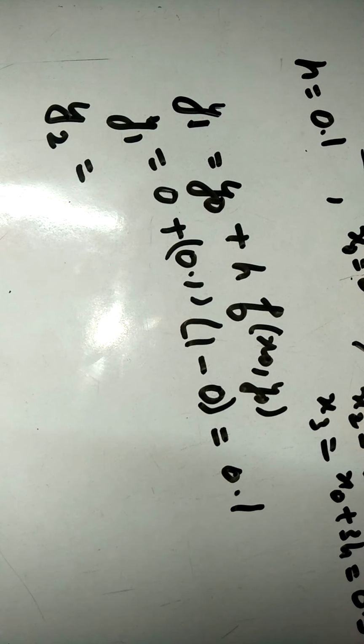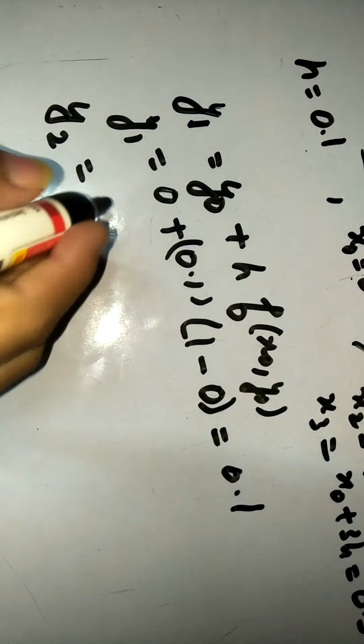Next, y2. Again we apply the formula: y2 equals y1 plus h f of x1 comma y1. Above we found the value of y1. Here we substitute y1, that means 0.1, plus h, that means 0.1.